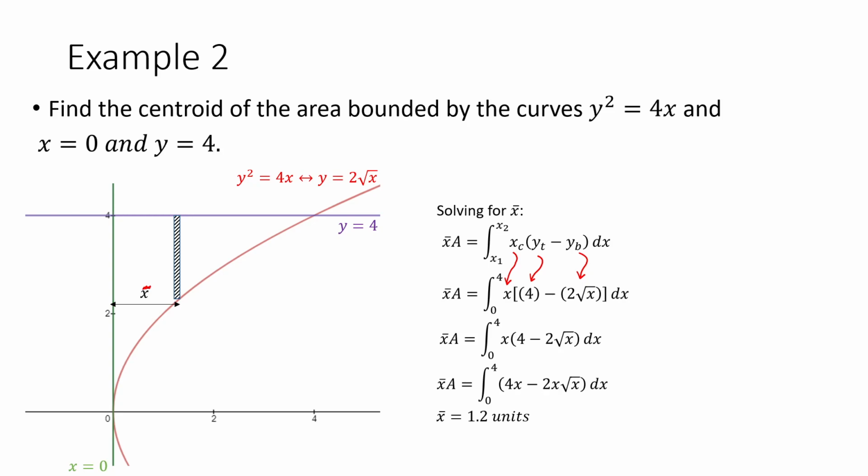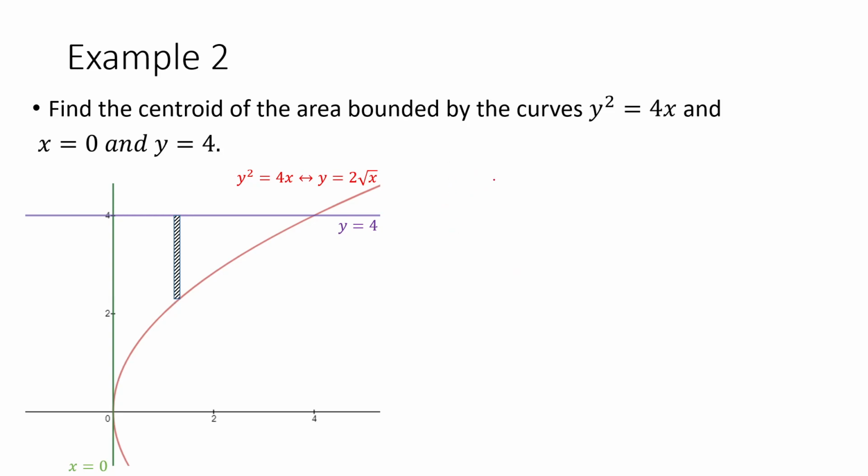Alright, so solving now for bar y. So bar y times the area, and then y sub c times the differential area. So this becomes y sub c. Then notice this is y top minus y bottom dx from x1 to x2.